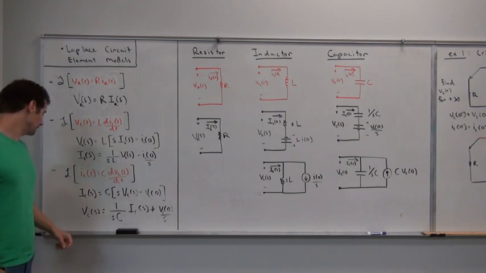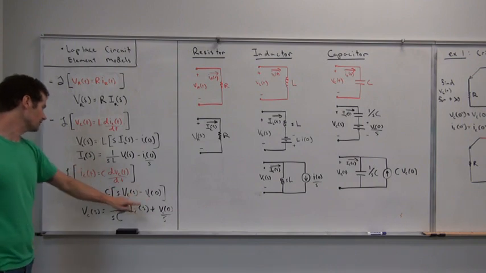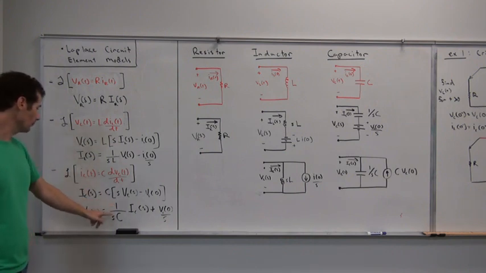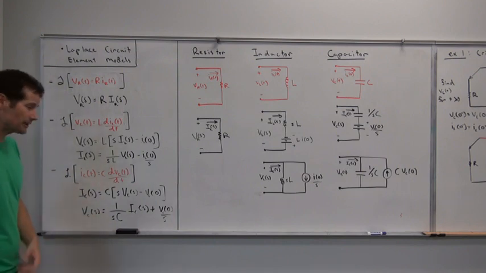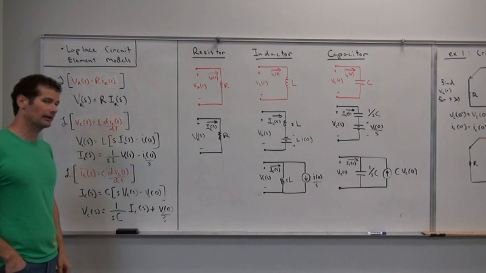That may sound weird to you guys, thinking about the voltage here as actually being a current, or L times IL of 0 up here being a voltage. But here, VC of s is equal to 1 over sC times IC of s, plus VC of 0 over s, a KVL equation again.